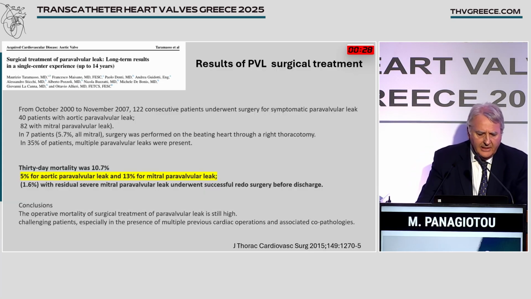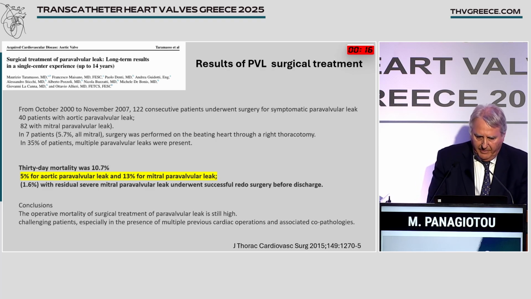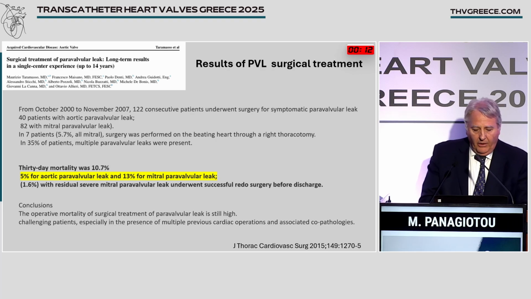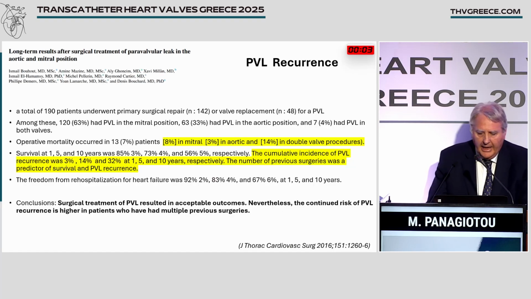What are the results? The results are from the big series of Milan, Ottavio Alfieri: 5% for the aortic redo for paravalvular leak and 13% for mitral paravalvular leaks. 1.6% were operated in the same admission because of very early recurrence and unsatisfactory result.